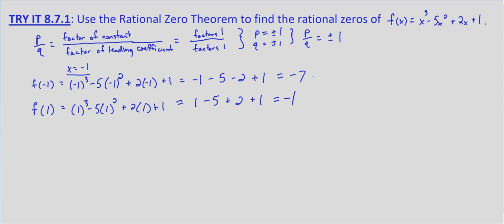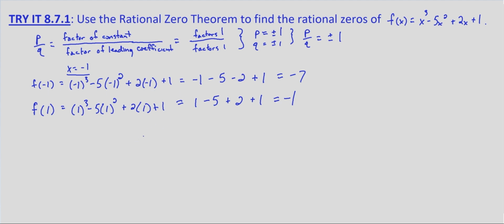So neither one of these yields a 0 for our function, which means there is no rational zero for this function. If you graph f of x equals x cubed minus 5x squared plus 2x plus 1, you'd see that it never crosses the x-axis, which means there's never going to be a real zero, so there's not going to be a rational zero.